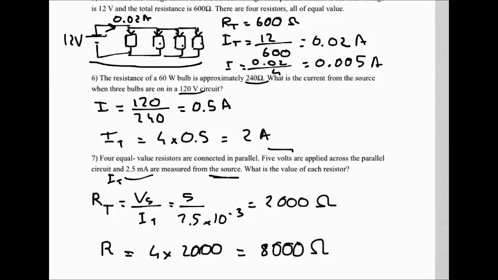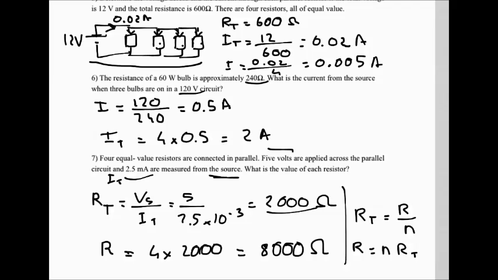Because this has to be smaller than any of the resistors. And if you have 4 resistors, if you go back to the notes, you find that RT is R over N. So you could use that formula, which is R is N times RT.